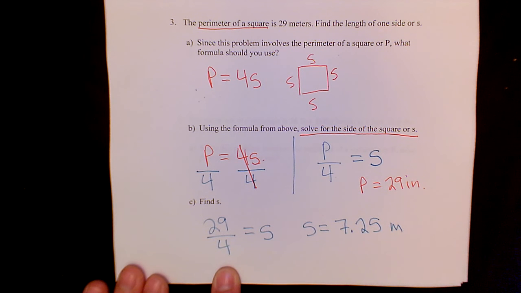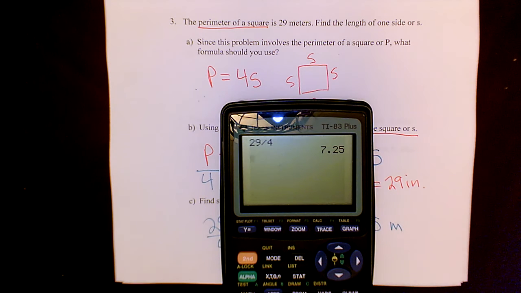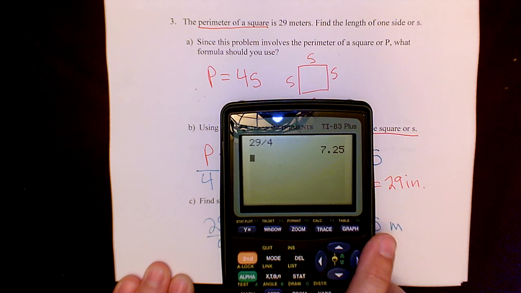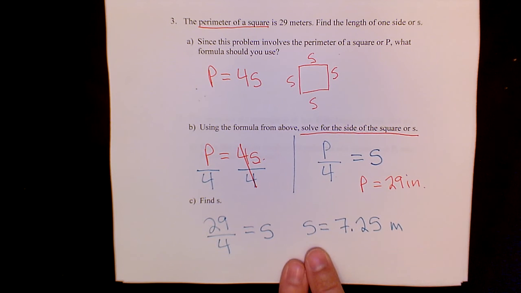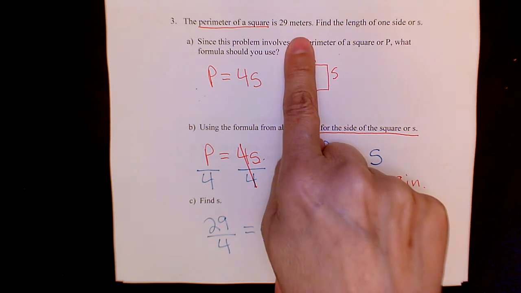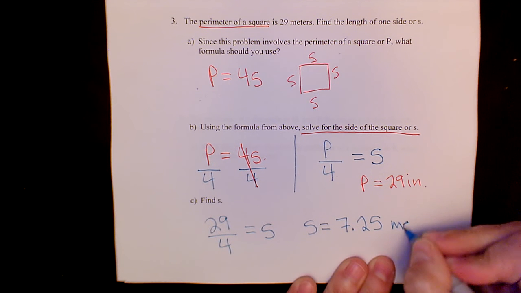And I'm just dividing it by 4. 29 divided by 4. If you punch that in your calculator, you're going to get 7.25. So we know that all sides of the square, or s, is 7.25 m, because I'm in meters. So 7.25 meters. You can write that out, or just put m if you want.